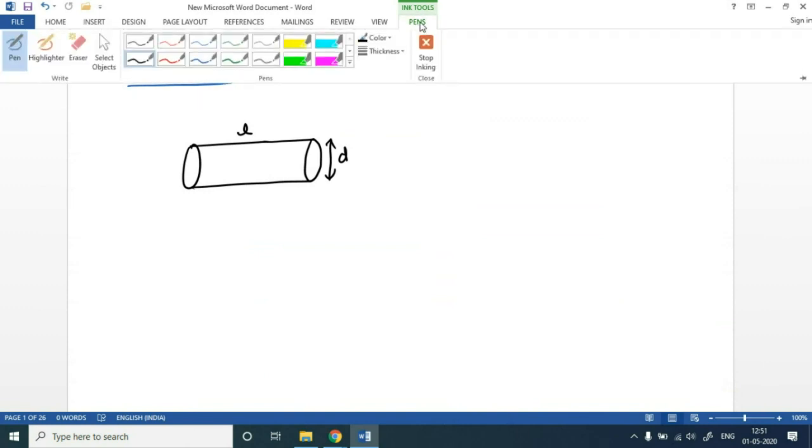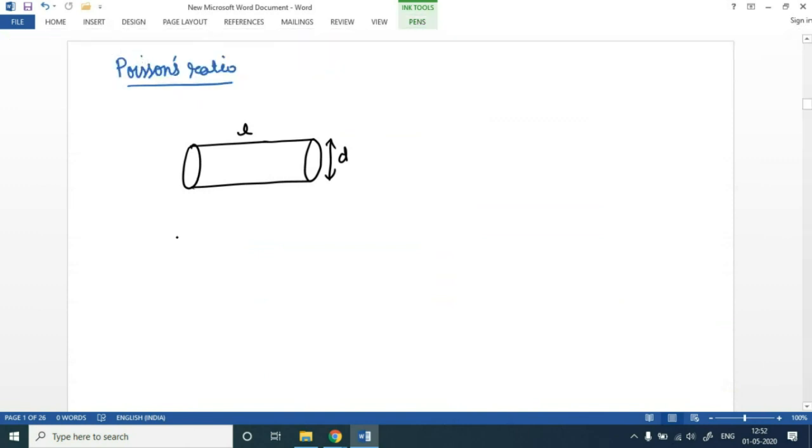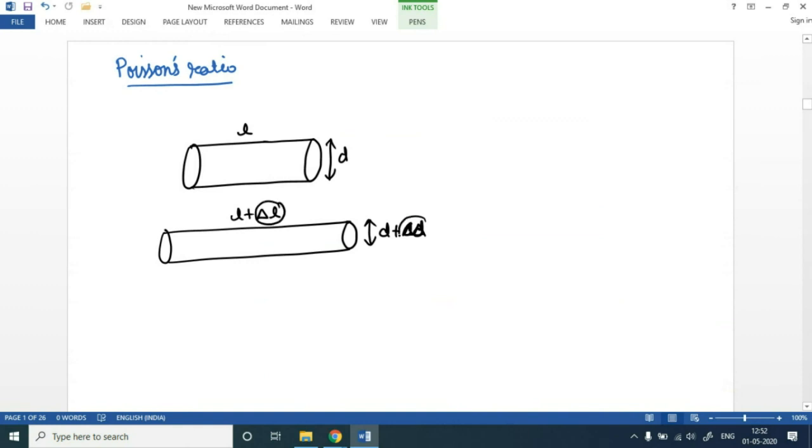Its length will increase from L to L plus δL, and its diameter will also change to d plus δd. If δL is positive, then δd has to be negative. If one dimension is increasing, the other dimension will definitely be decreasing.